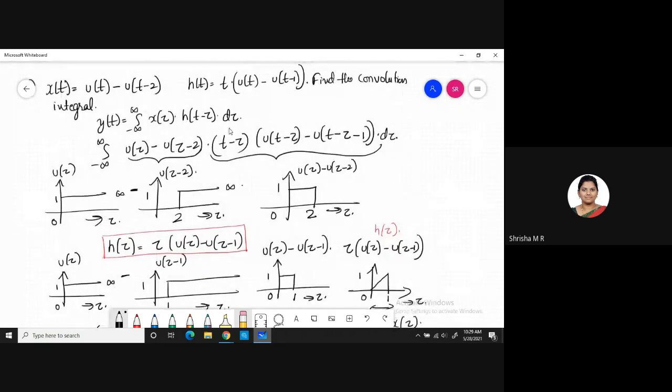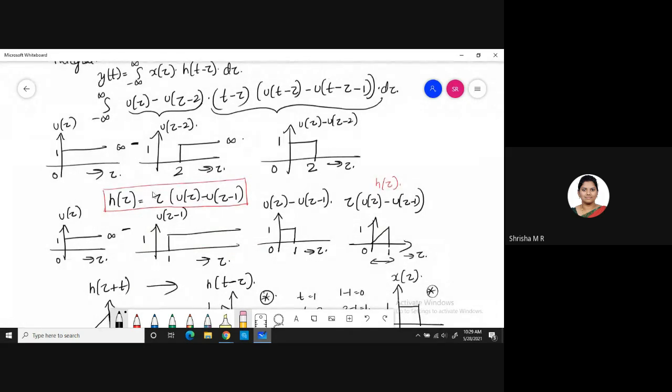Now we have to plot this one, that is the h of t minus tau term. So what we'll do is, first we'll plot h of tau. Okay, h of tau is tau into u of tau minus u of tau minus 1. We are replacing t with tau first. Then we'll do t minus tau. Okay. So we'll plot u of tau minus u of tau minus 1, which means it will start from 1.